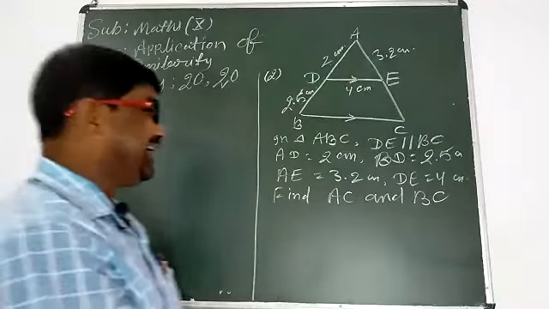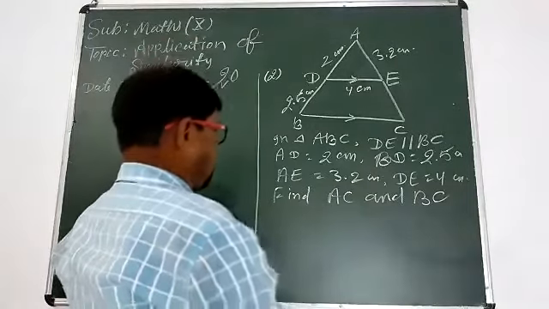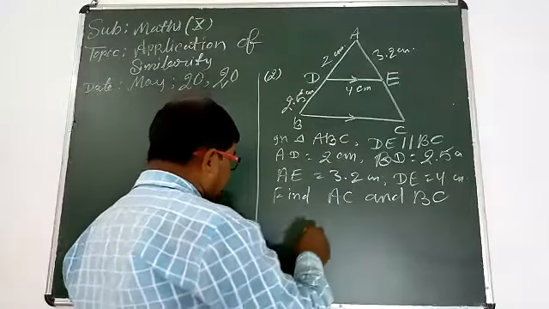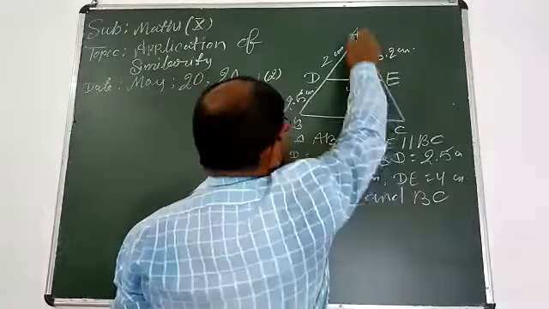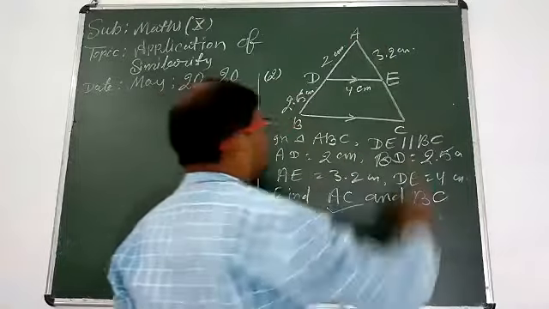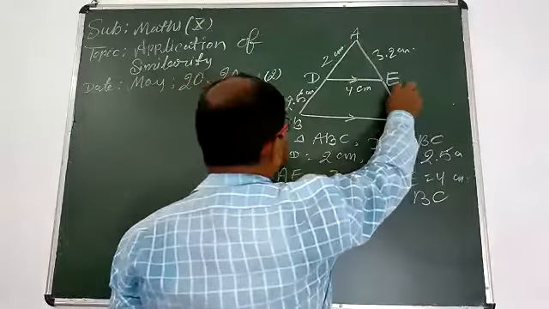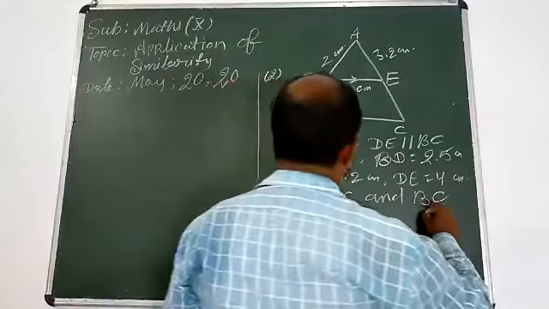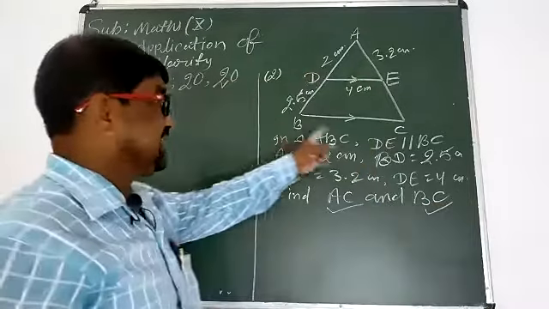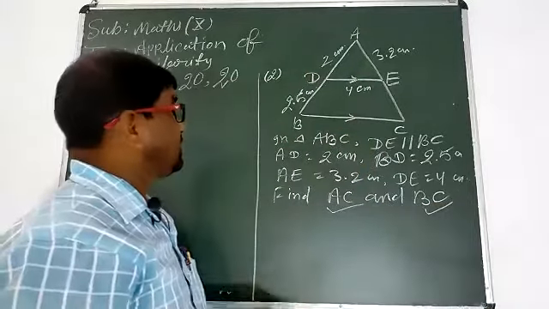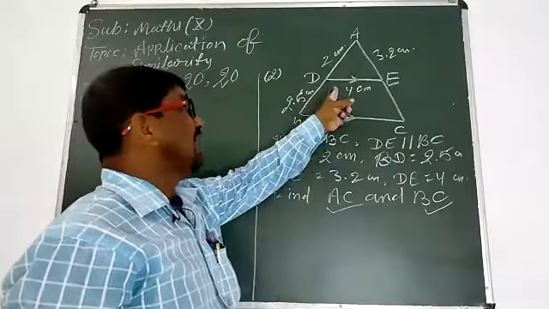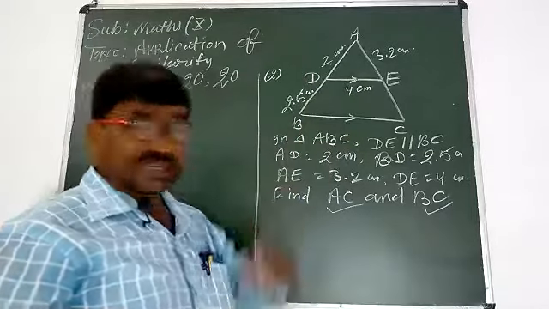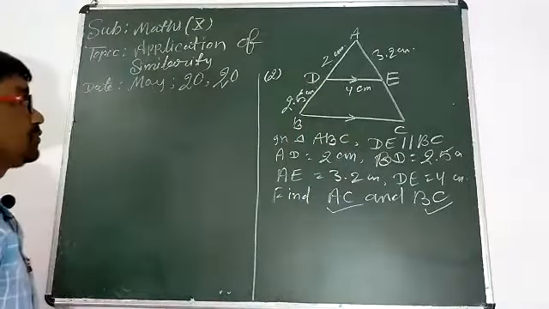The question is asking for the measurement of AC. After finding CE, we can find AC. Second, BC, whose parallel line DE is given as 4 cm. Okay, student?